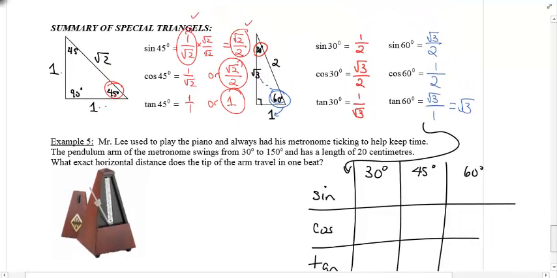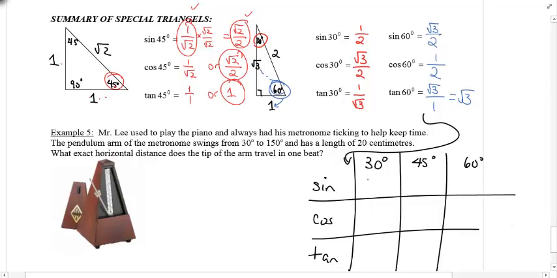So, for example, in this space here, sine of 30, we know the answer is 1/2. And in this space over here, sine 45, that's root 2 over 2. And sine 60, looking here, oh yes, root 3 over 2. Okay? You go ahead and complete the rest of this chart. Cos 30, root 3 over 2.